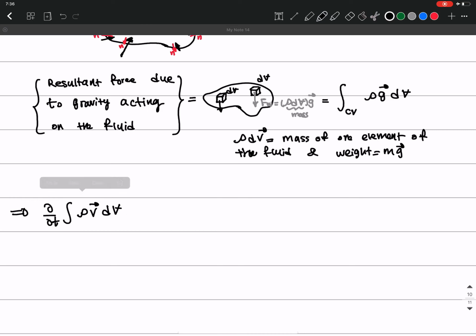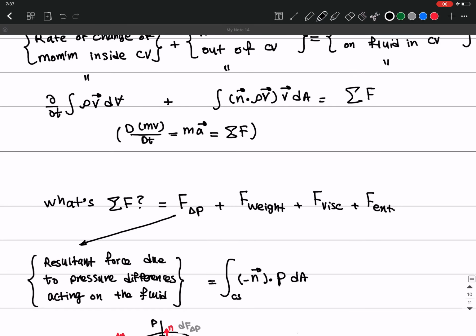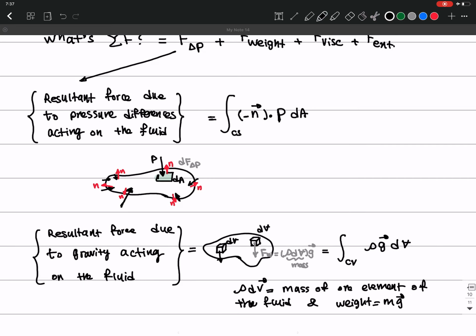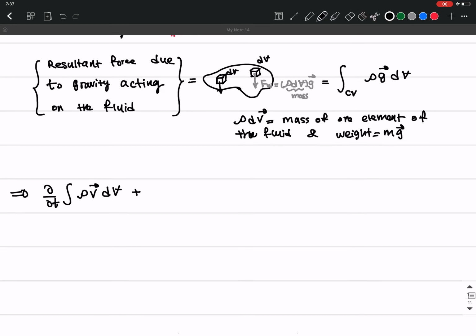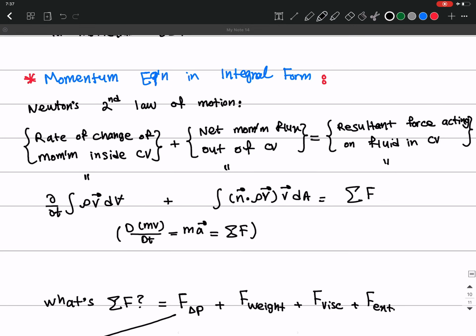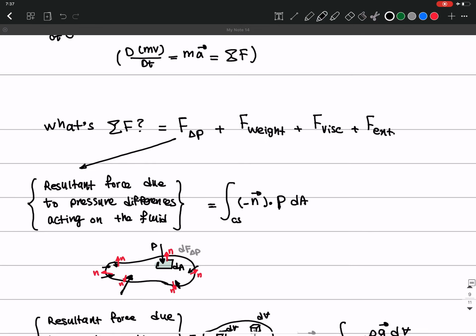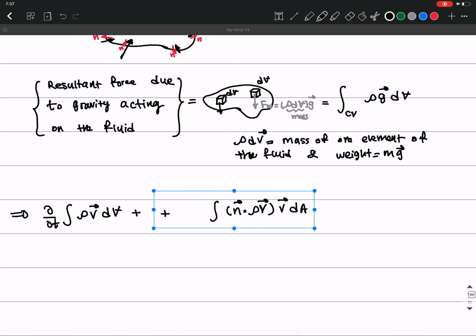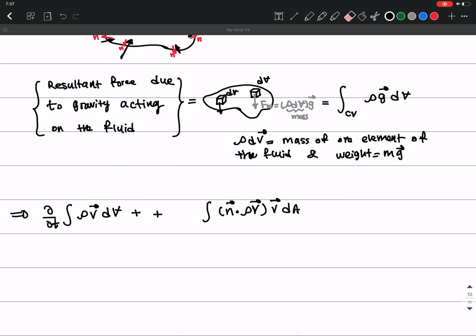Then we have the second term, which is the net momentum flux out of the CV. Okay. And then this equals the sum of the forces.